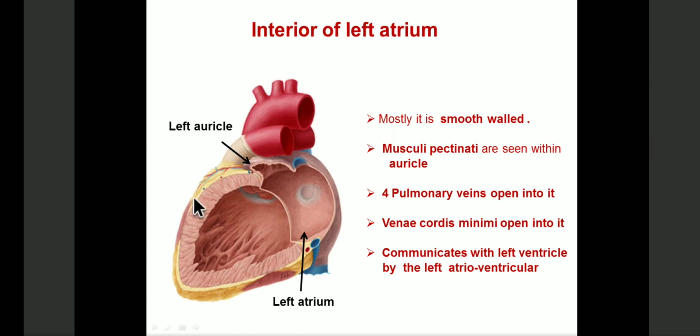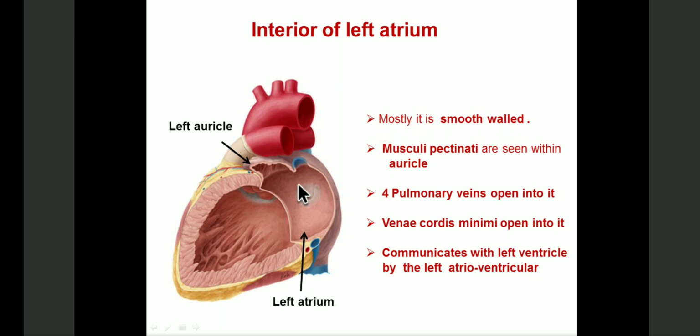If you look at the anterior surface of the left atrium, it's mostly a smooth wall. Why? Because it was developed from the absorption of the pulmonary veins. Only the left auricle, which is the appendage of the atrium, which was formed from the atrium proper, is muscular.